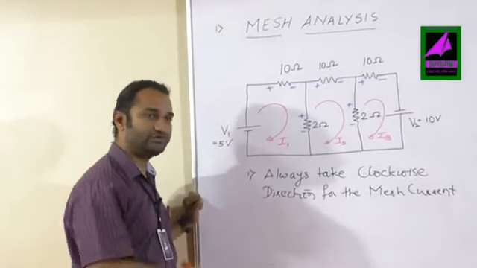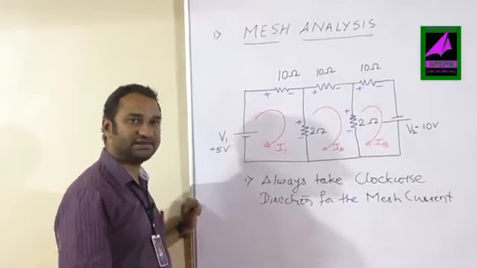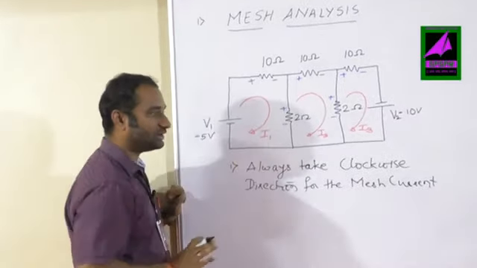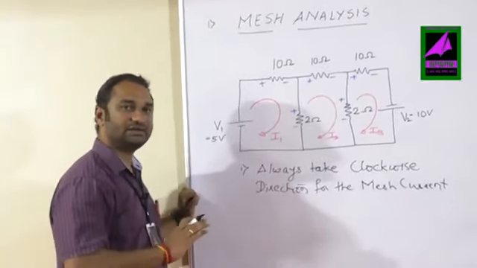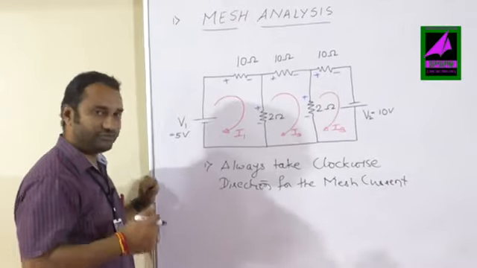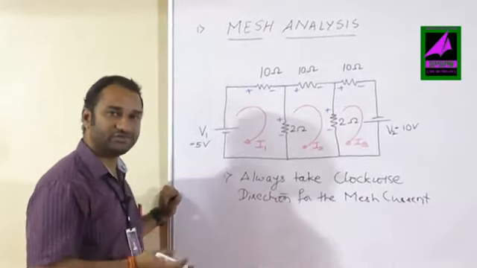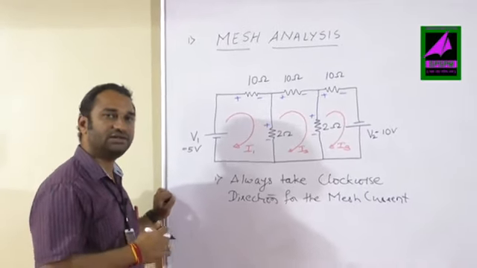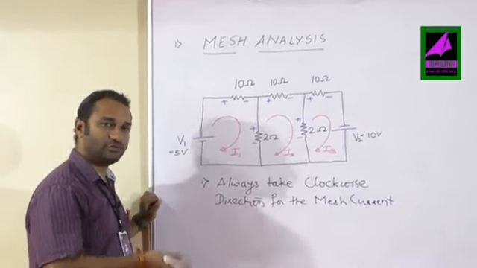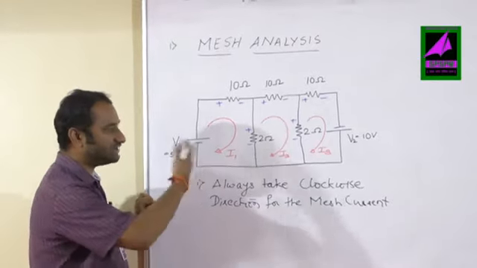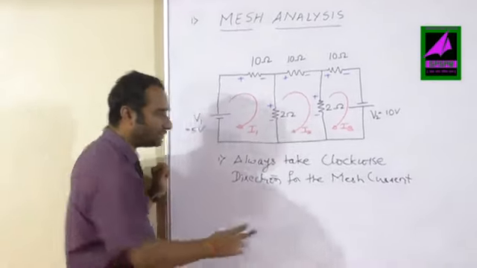You can take anti-clockwise also, but for the sake of easiness, in all the meshes we consider the currents as clockwise currents. If we get these currents as minus, then it shows that the direction we considered is actually wrong. The current is not clockwise, it is anti-clockwise. But initially we assume that the currents are in clockwise direction.